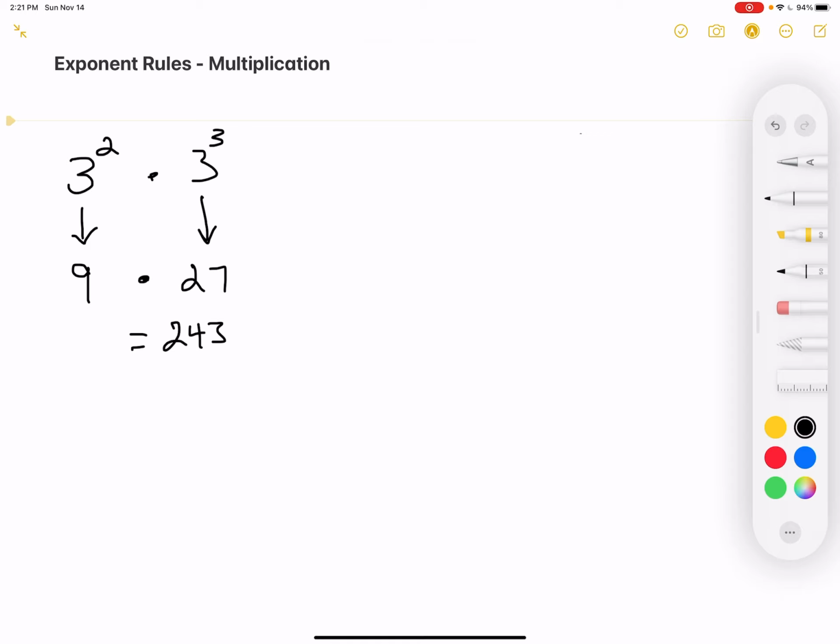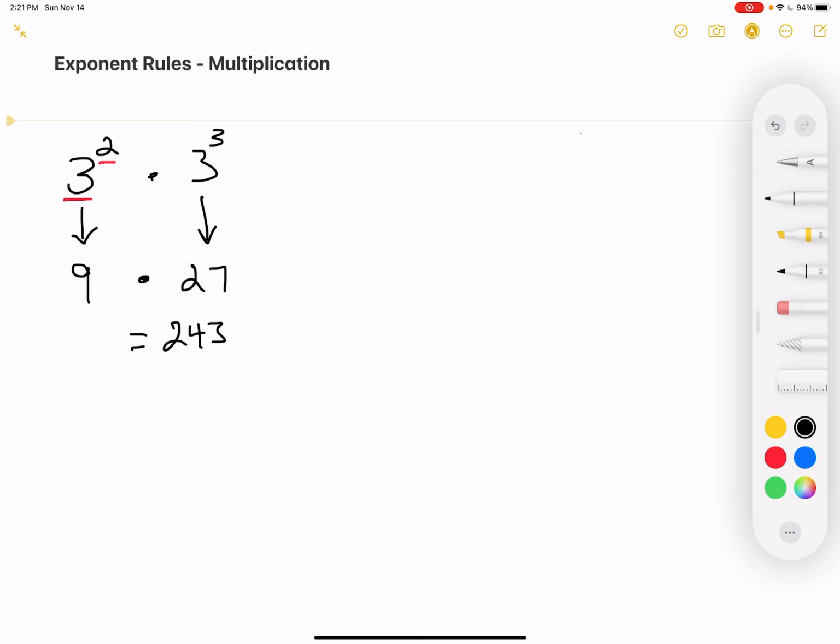However, when we get bases with larger exponents, remembering that the base is the 3 and the exponent is our power here, there's going to be a different way that we can do it that might be a little simpler. When we talk about 3 squared and 3 cubed, what are we actually saying?